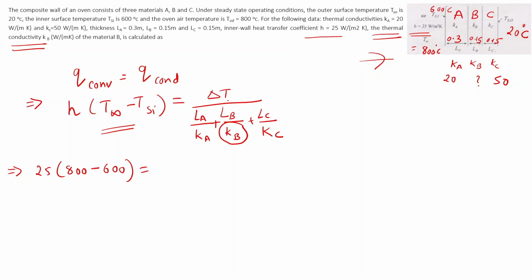Now for conduction, this delta T will be across my entire wall boundary. So this will be equal to 600 minus 20 upon LA, which we have been given as 0.3 upon KA 20, plus LB upon KB, plus LC upon KC.